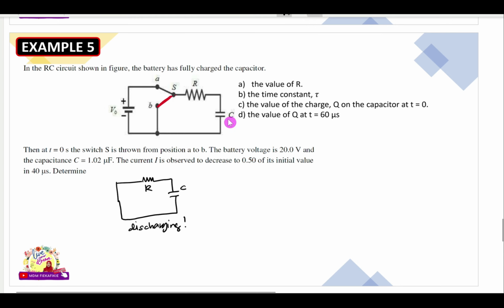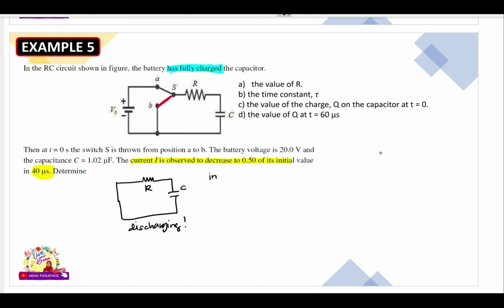So, when the capacitor has fully charged tadi, we know that we can calculate Q0. The current I is observed to decrease, yes, because this is discharging process, to 0.5 of its initial value in 40 microsecond.